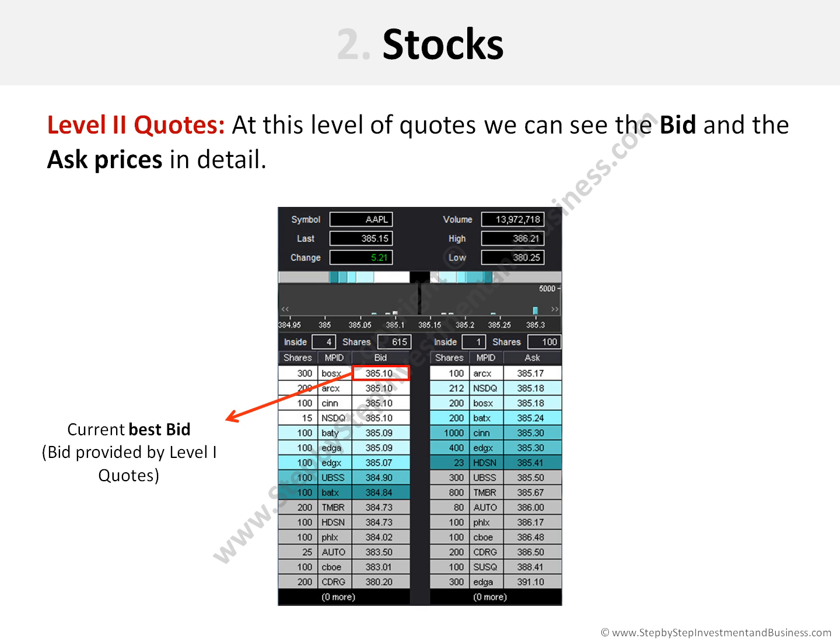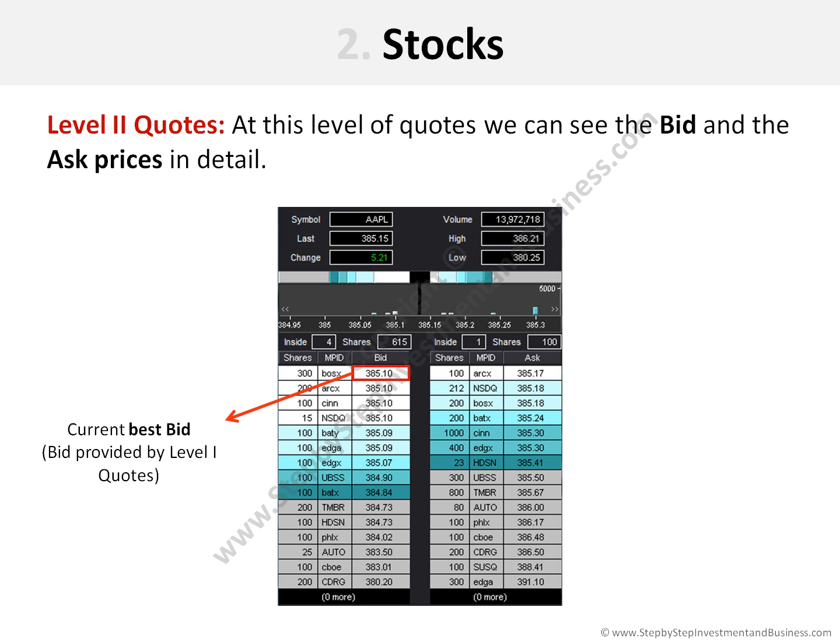In the bid column, as we move down the rows, we can see how the bid price changes. The row selected here indicates 385.10. But if we move to the fifth row, we notice that the bid is 385.09. That is, a lower bid.